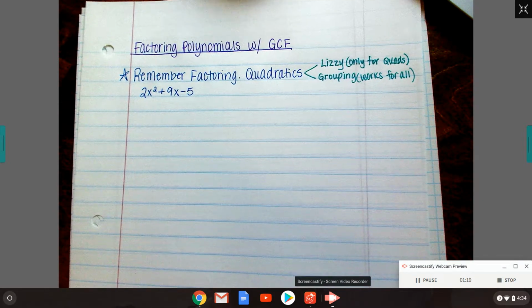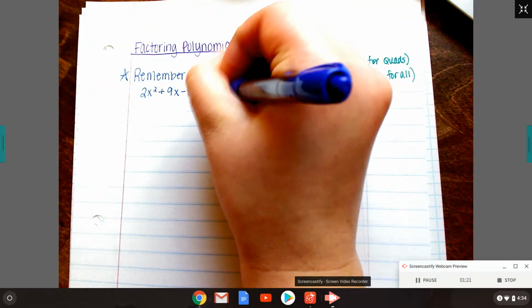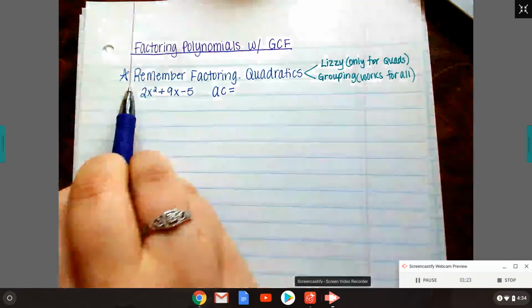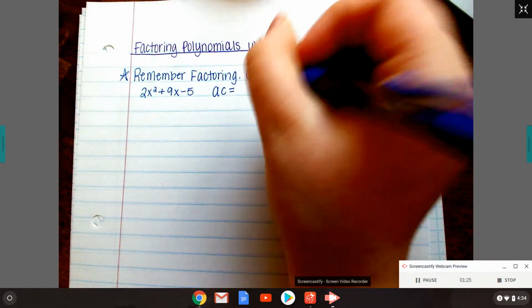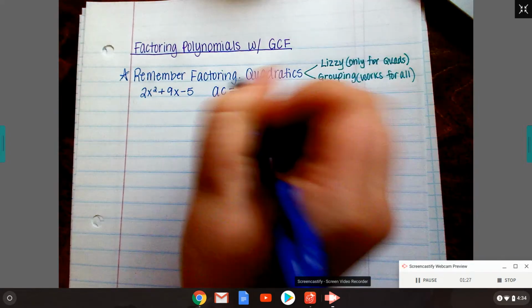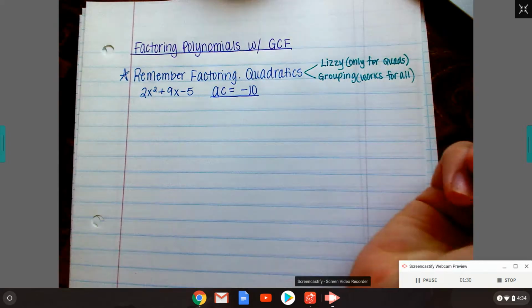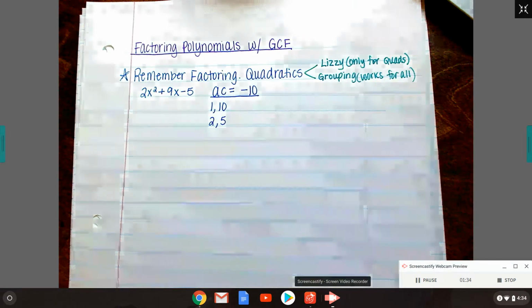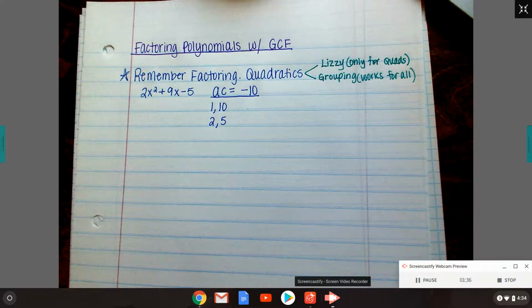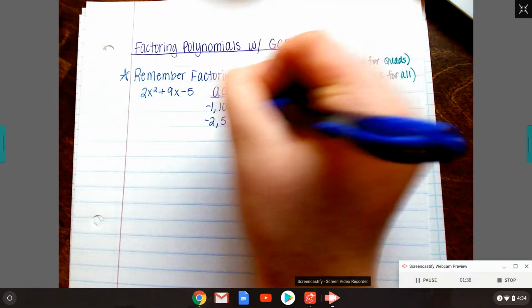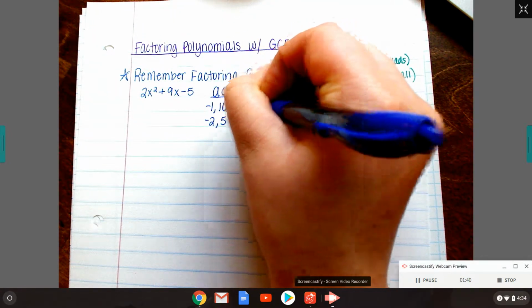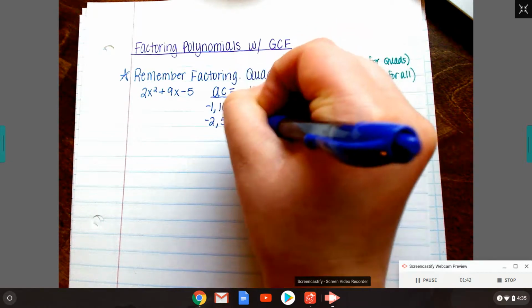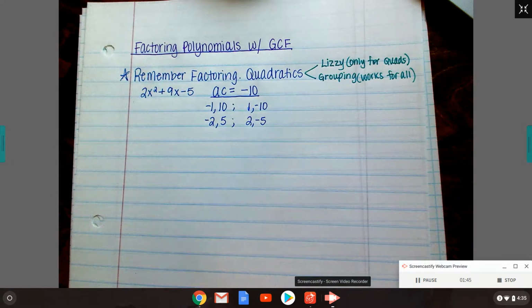So our first step here is to look at all the factors of a times c, which in this case are 2 times negative 5, so negative 10. And our factors here, I could make a negative 10 by using a 1 and a 10, or a 2 and a 5. And because it's negative, one of the two of these was negative. So I have this pair, and I also have this pair for each.